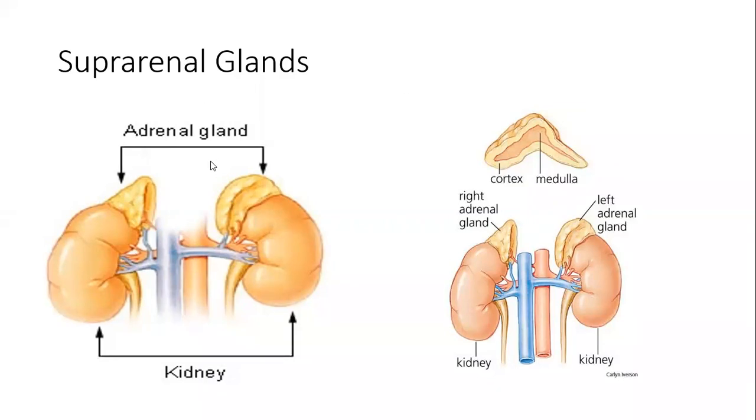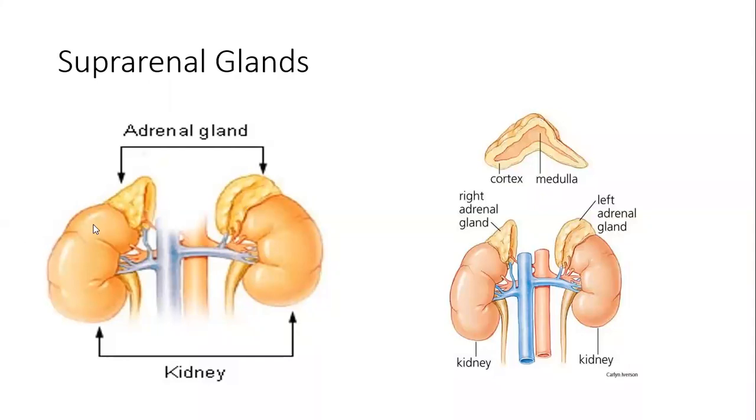There are some gross anatomical differences between the two suprarenal glands, right and left. The right suprarenal gland is pyramidal in shape, whereas the left suprarenal gland is crescentic in shape.